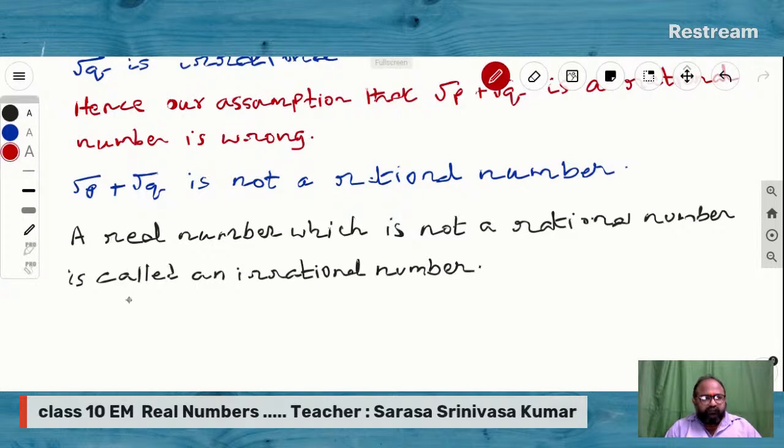Hence, square root of p plus square root of q is an irrational number.